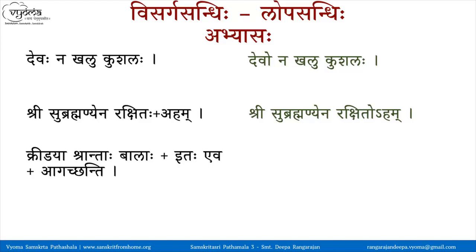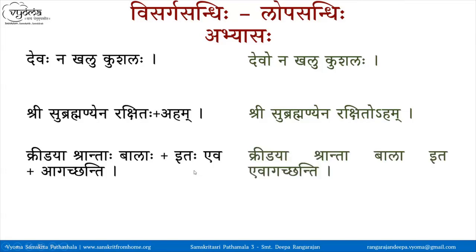Itaha eva. Ito, Itaha eva. Here it is preceded by Hrasva Akara, but it is followed by a Swara other than Hrasva Akara. So here also it is deleted. Ita eva agachanti. There will be a Dirgha Sandhi there. Eva, Savarna Dirgha Sandhi. Eva agachanti.